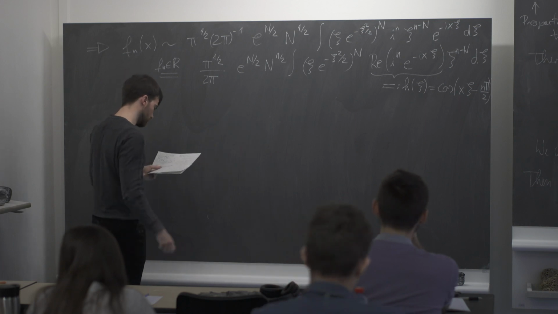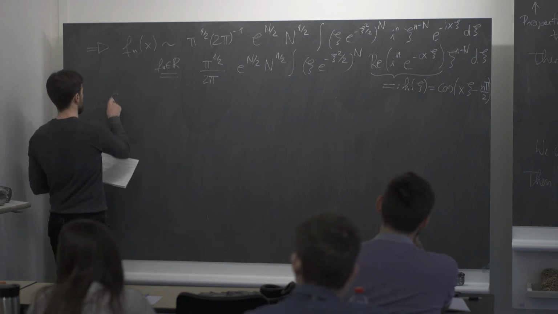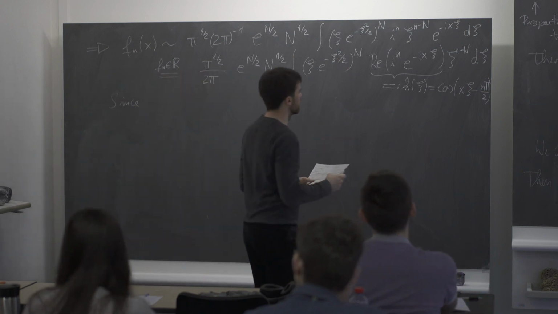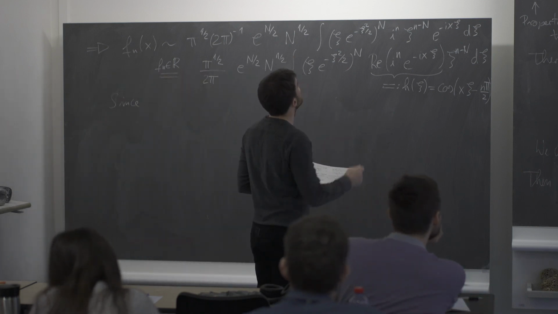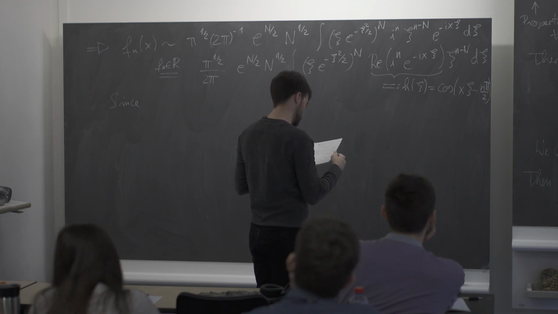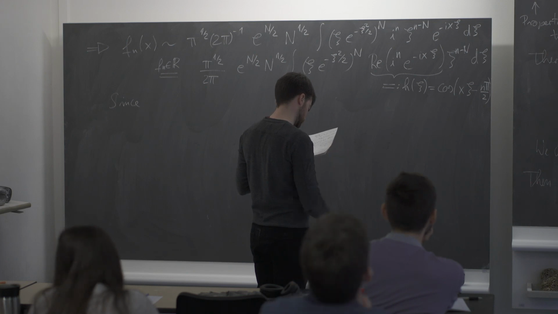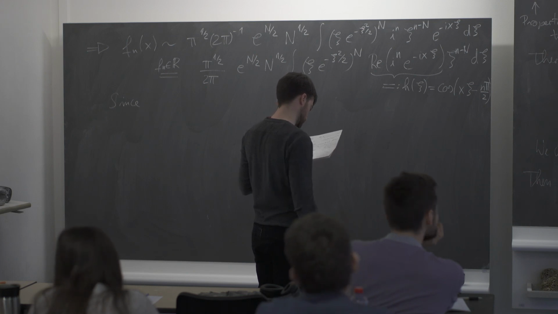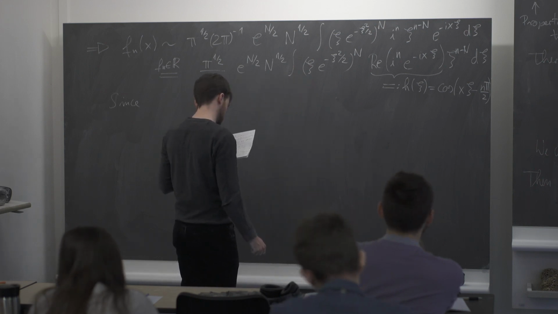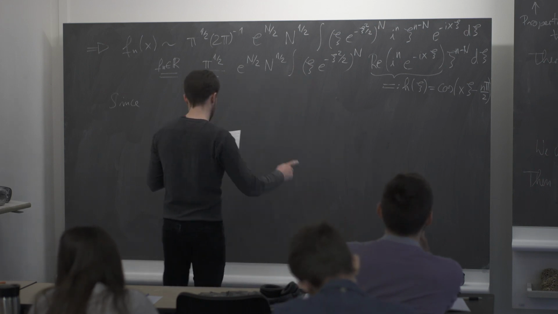And now you can look at this function for a minute, and then you see that this function, wait, what did I say? The cosine is even. What did I do here? Ah, yes.